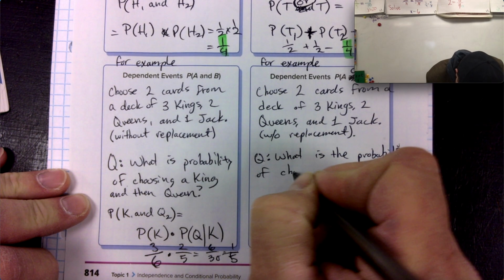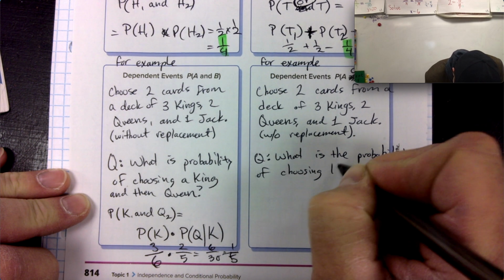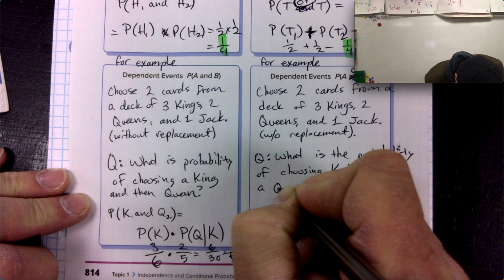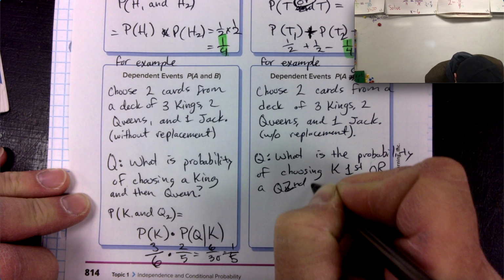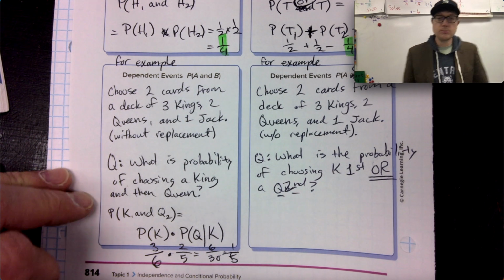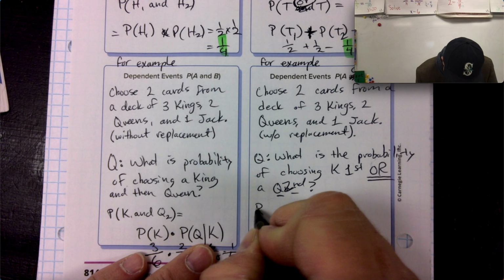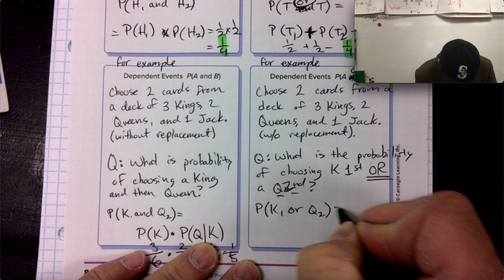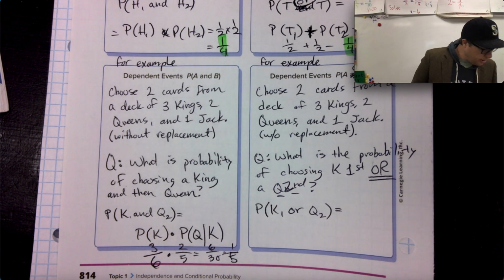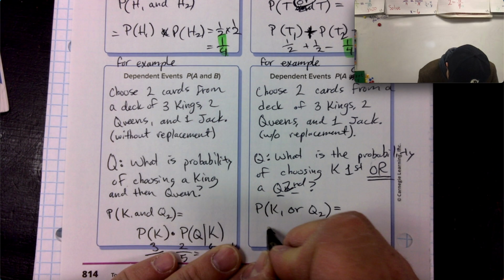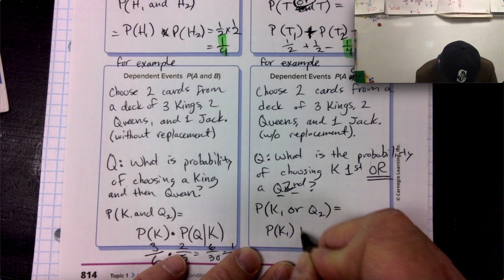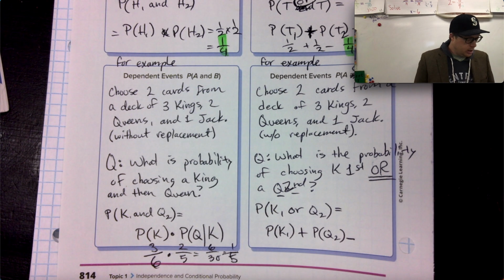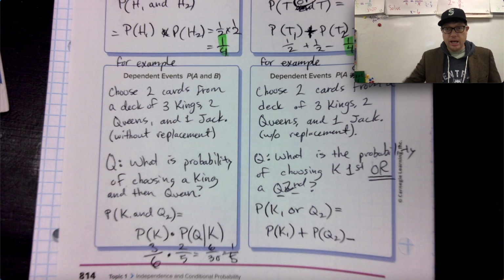Of choosing a king first or a queen second? Queen second. So it looks something like this. Probability of king first or queen second. So that would be probability of a king plus the probability of a queen. Take away the probability of a king and then a queen.